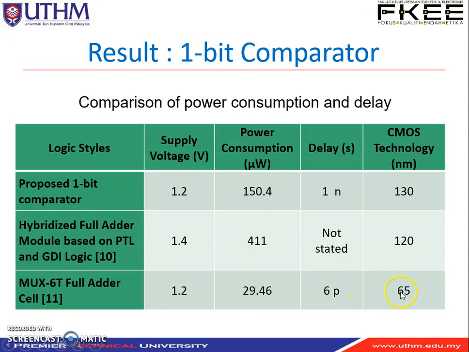So that is the problem with this, even though the power consumption is much less. Compared to ours, even though the power consumption is 150.4 microwatt, when we cascaded this 1-bit comparator to form a higher order comparator, we didn't face any problem with the output voltage swing.